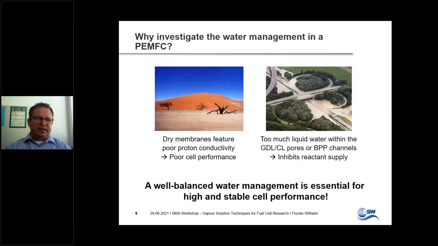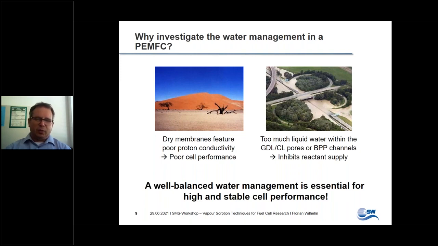So why is it important and interesting to investigate the water management in a PEM fuel cell? On one hand, if you have no water or not enough water, dry membranes just feature very poor proton conductivity. That results in a high proton conduction resistance, and this means poor cell performance in the end.